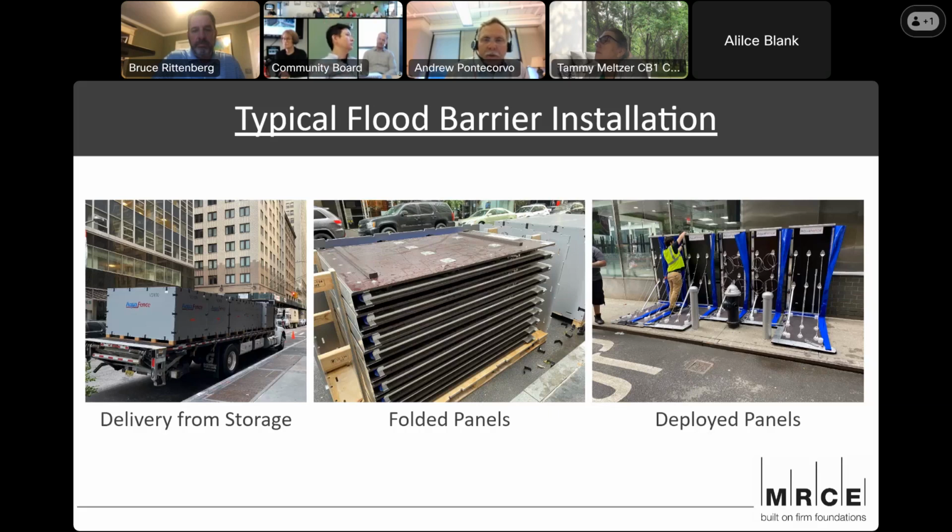On the right-hand side, there was a test deployment that we made just to see how things would fit up, especially around things like fire hydrants. The corner ramps were a big concern. This is just what the panel looks like in its unfolded position, ready for deployment. It's not connected to the sidewalk here. You can see there's a gap between the edge of the panel and the sidewalk.